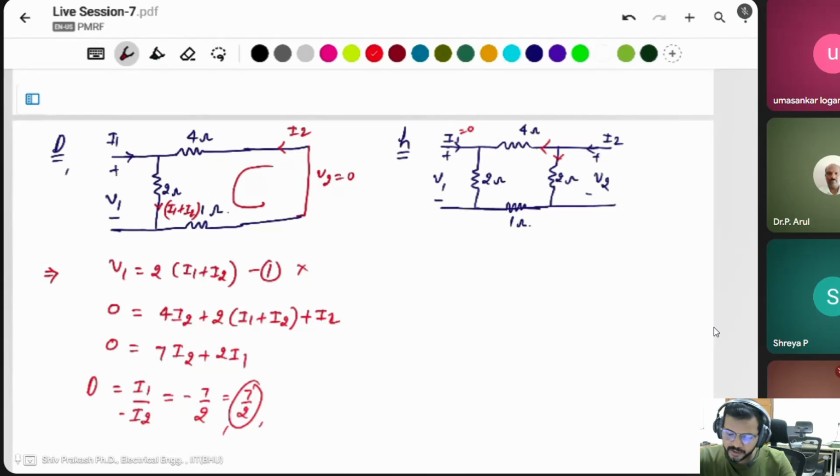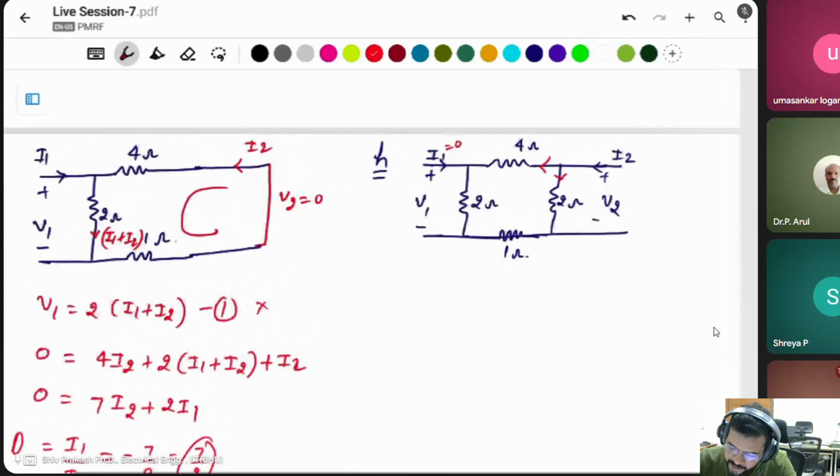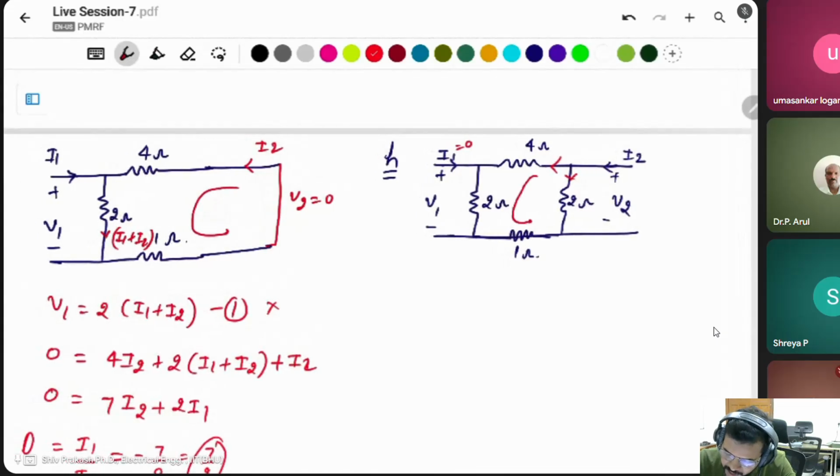Then you can use the current divider. All three are connected in series. What is the current flowing through the 2 ohm resistor?